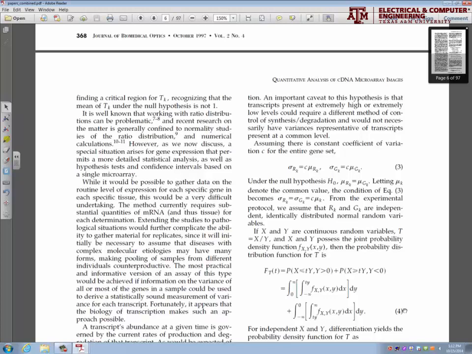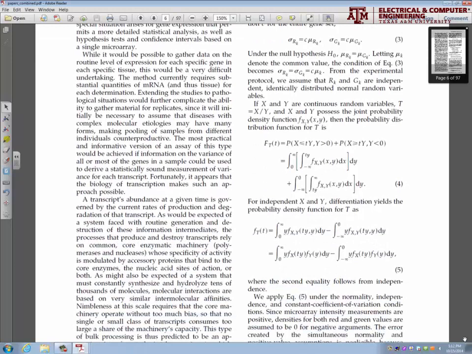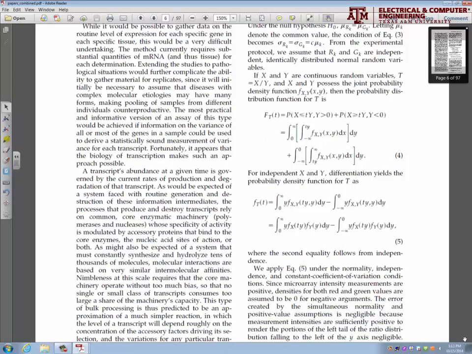In the other case, you get a minus y coming out. See, x got replaced by ty, and then you have a y coming out. Same way, a minus y came out from the second term. And because you assume x and y are independent random variables, you can write the joint density as the product of the marginal densities. So you apply equation 5 under the normality, independence, and constant coefficient of variation conditions.